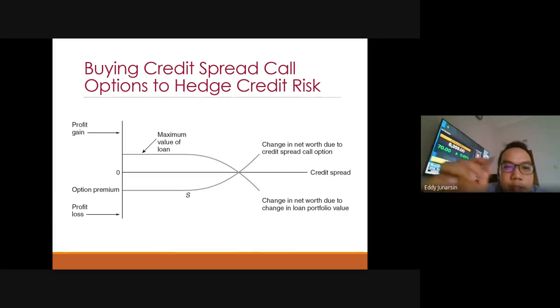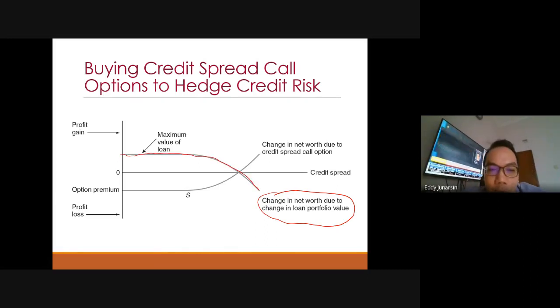Okay, credit spread. So see here, if your client deteriorates in quality, then there's a possibility that the loan that you have given to the client will not be repaid fully. Maybe the client will have financial distress, or maybe it will go broke or something like that, right?